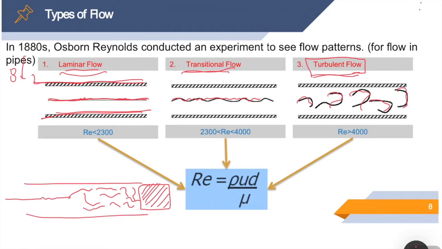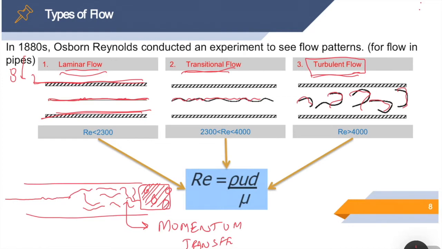This intense mixing is basically turbulent flow, a result of rapid fluctuation, and it enhances momentum transfer between fluid particles.